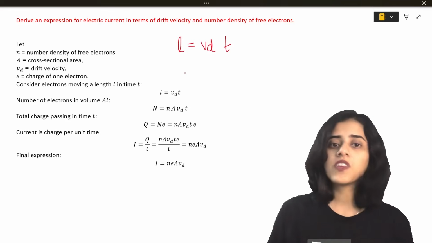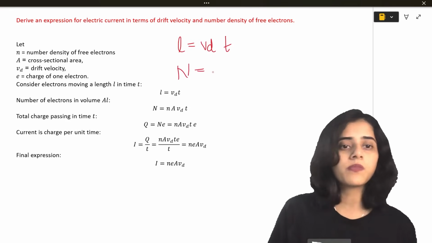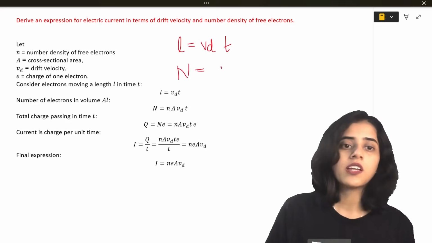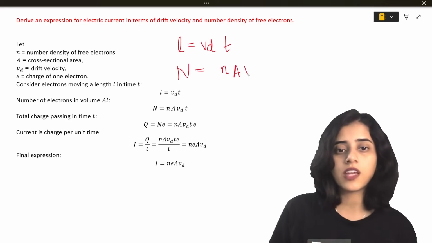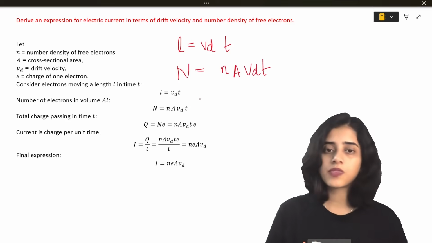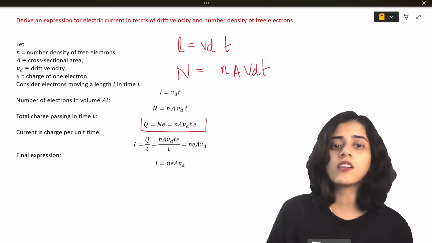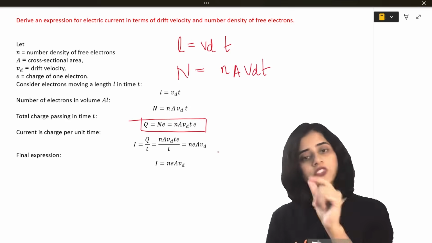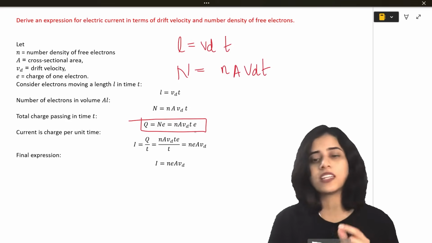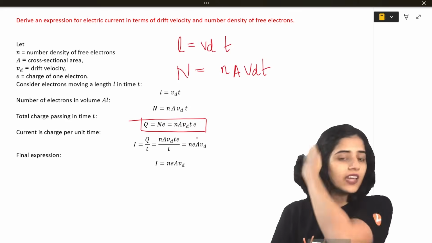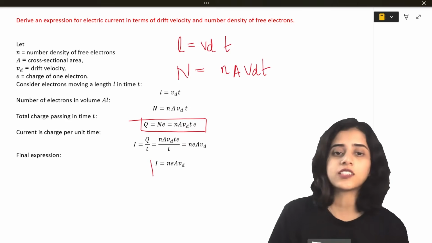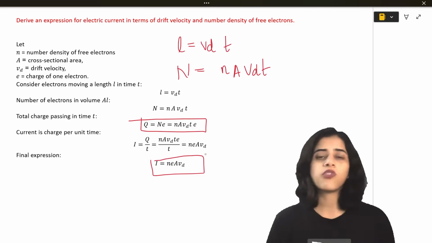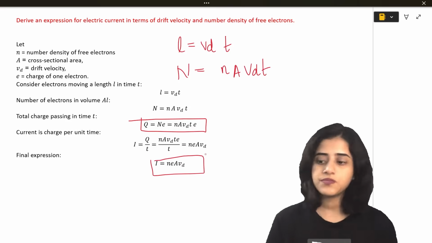So L is Vd t. Now the number of electrons will be N times the volume, A Vd into t. So Q is the number of electrons into the charge of one electron, so N A Vd t into e. Now I is charge by time. So you just divide the formula of charge by the formula of time, and you will get this final answer.